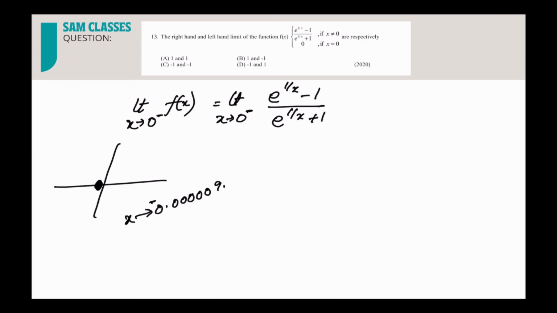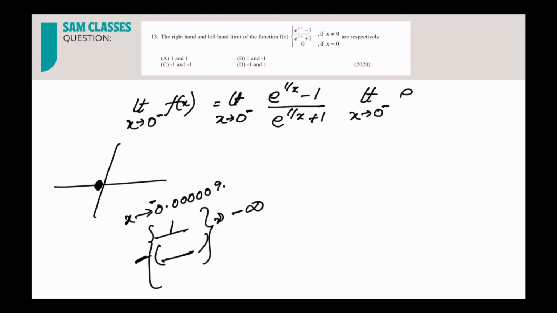If I do 1 by that negative, such a small value, will it go to minus infinity? Yes, correct, because 1 by this value is infinity, and minus of that is minus infinity. So can I write it like that? Limit x tends to 0 minus (e^(minus infinity) minus 1)/(e^(minus infinity) plus 1).